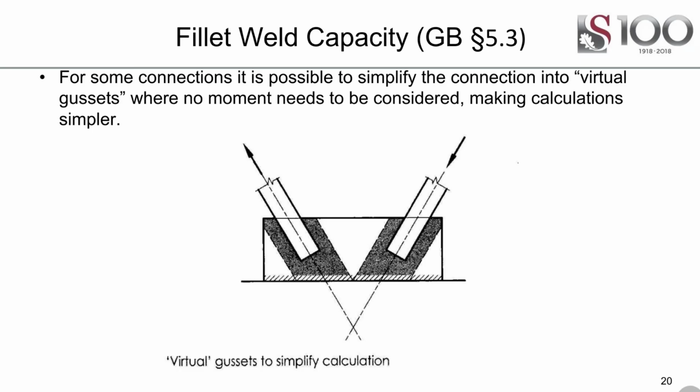So you can make your life easier just by converting this into a virtual gusset, where you just trace a straight section and then use that so you have no moment. So you only design a reduced width, so either that width there or that width there, and then you can design that with no moment in mind, and you've just ignored all the material on the outside. So it's a quick way of checking your design. So that's a note on using virtual gussets.